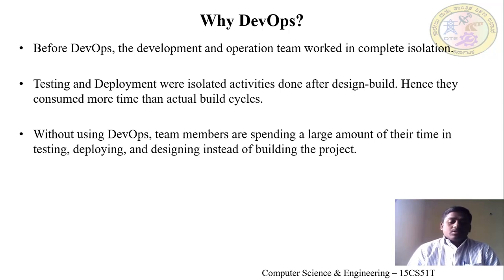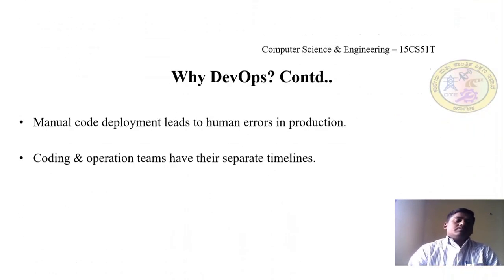In DevOps it's not like that. Continuous communication and deployment is there, right? Got the idea? Before DevOps, the development and operation teams worked in complete isolation, right? All the team members work in isolation.